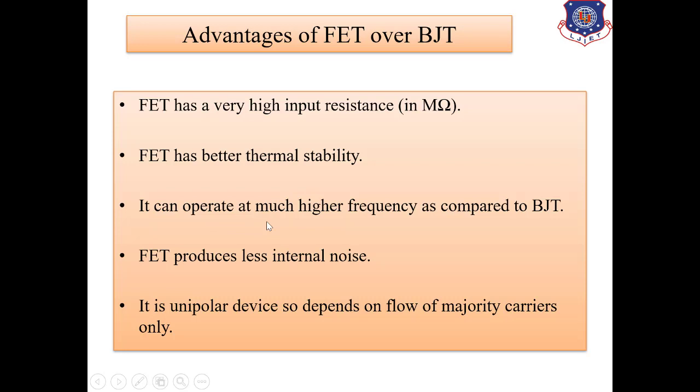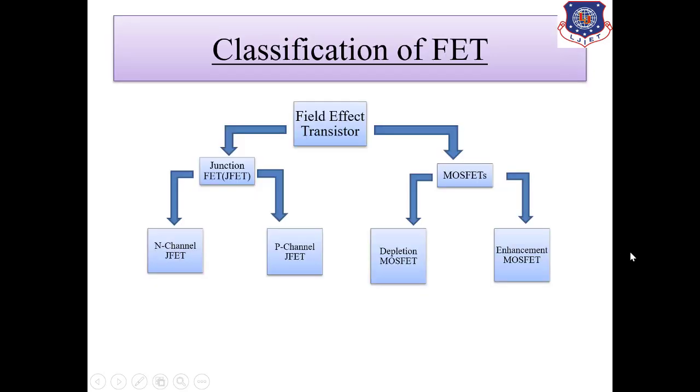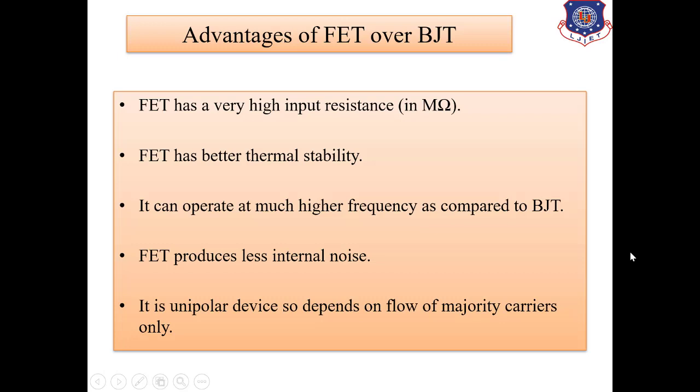FET can operate at much higher frequency as compared to BJT. FET produces less internal noise and it is a unipolar device, so it depends on flow of majority carriers only. The conduction is due to majority carriers only.